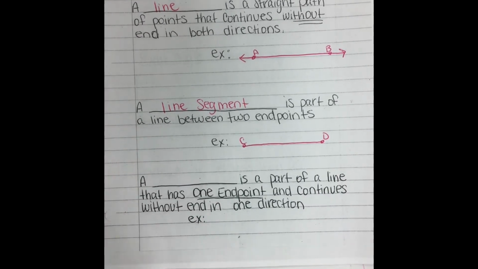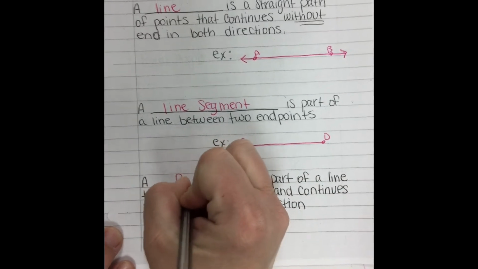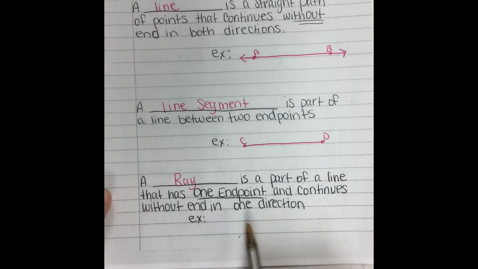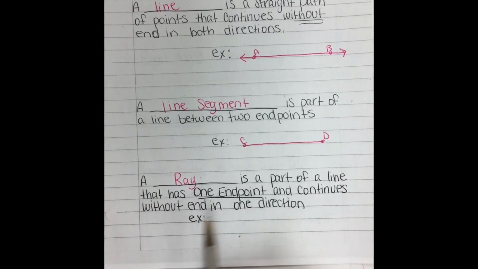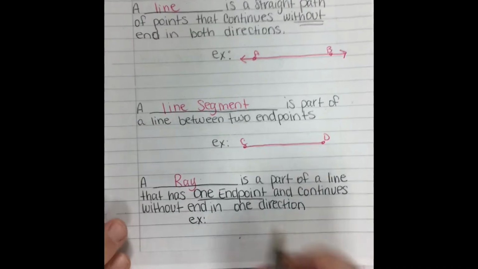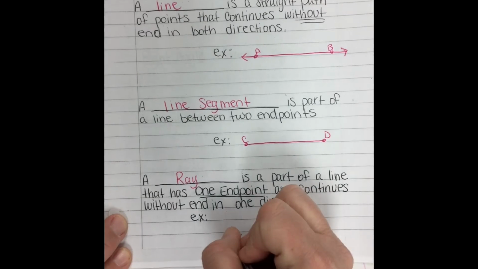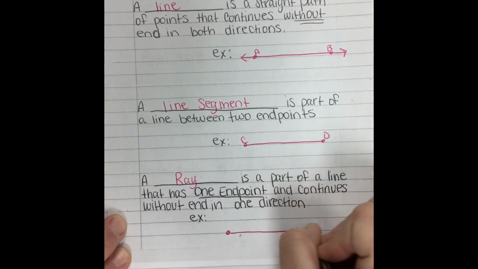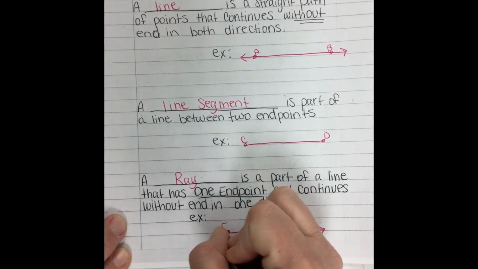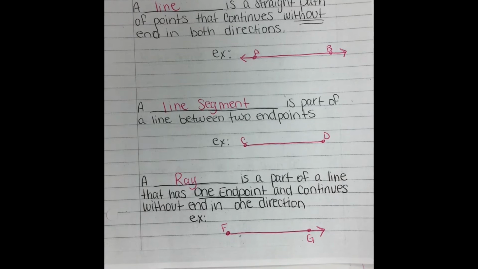And the last one on this page is a ray. A ray is a part of a line that has 1 endpoint and then continues without end in one direction. So that means one end has an endpoint and the other one goes on forever. So F, and then we'd have a point here, G, and it's going to go on forever.